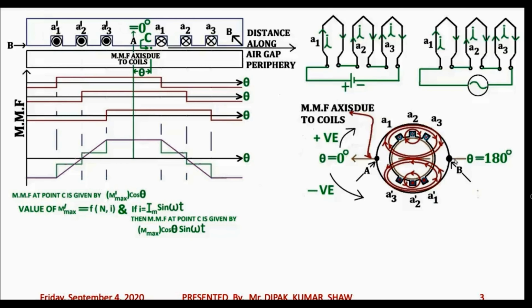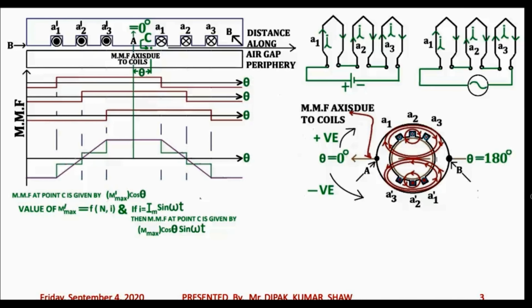Between the center of the slot A3 and A1 dash you will have the negative peak, and between the center of the slot A1 and A3 dash, that is at point A, you will have the positive peak. So the positive peak is happening at point A on the stator core periphery, and the negative peak is happening at point B on the stator core periphery.